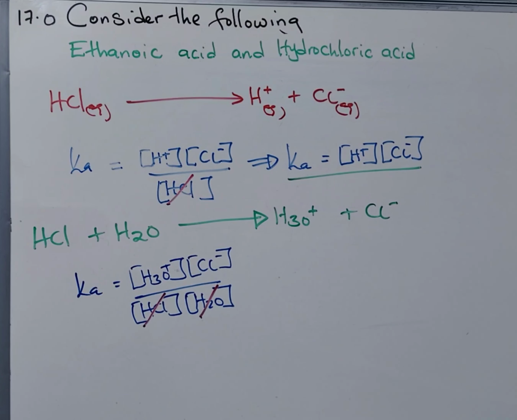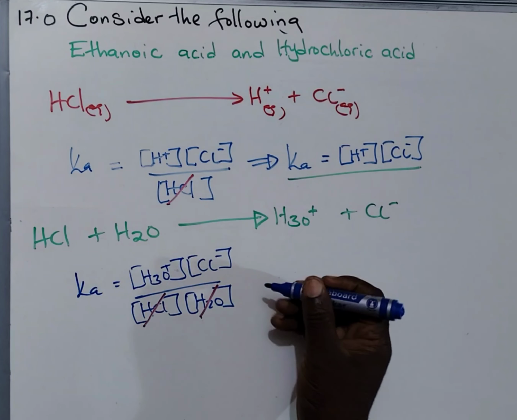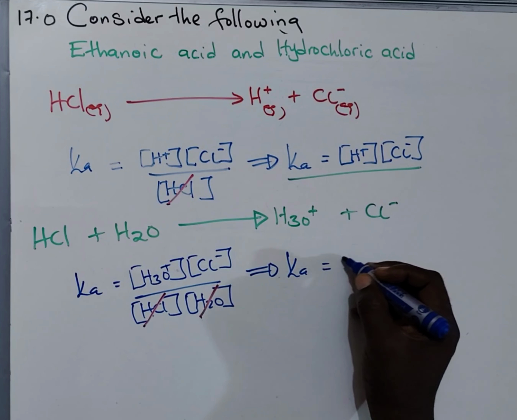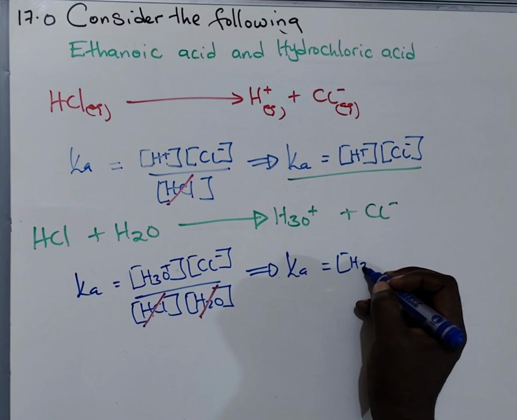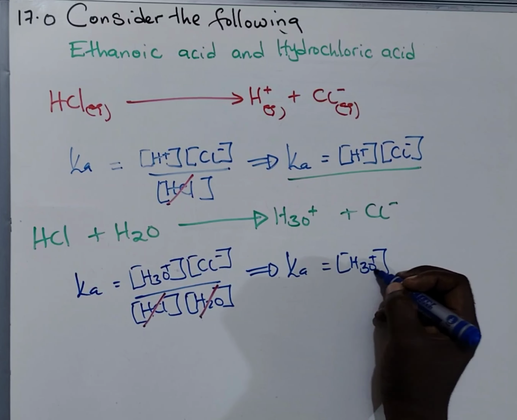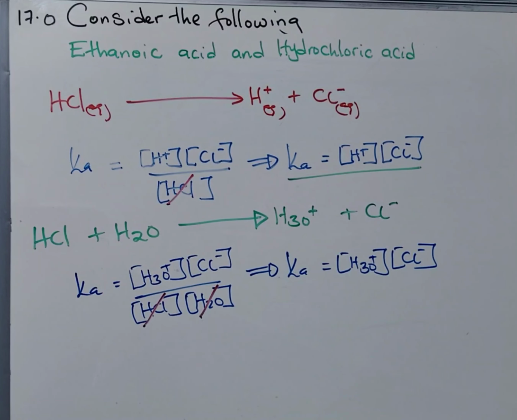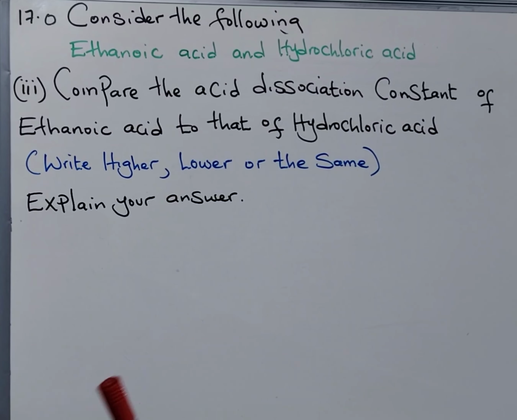With that, we say that our Ka is going to be the concentration of hydronium ions times the concentration of chloride ions, which is similar to the upper one.